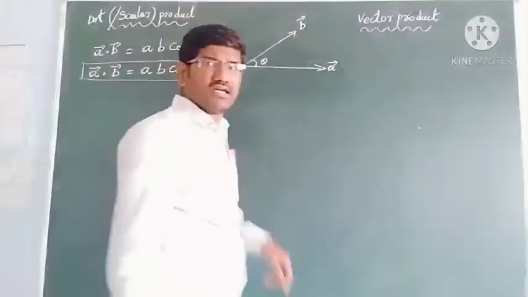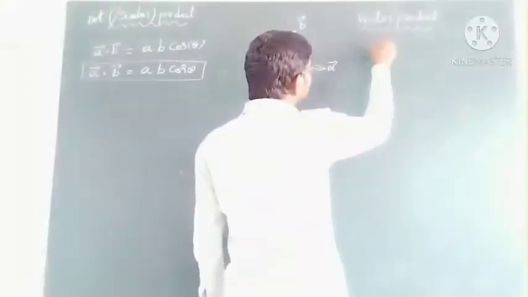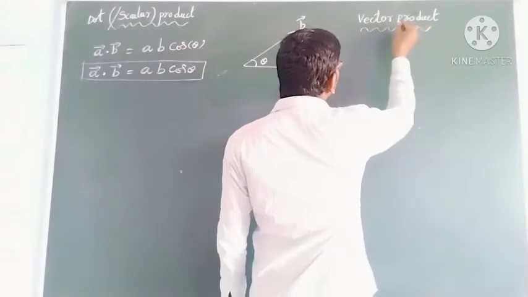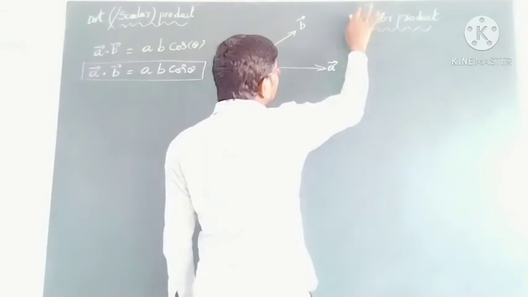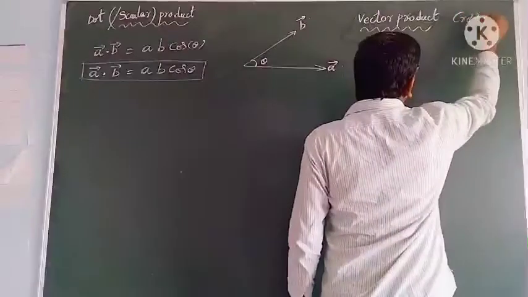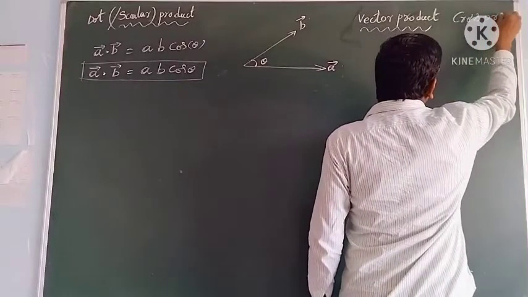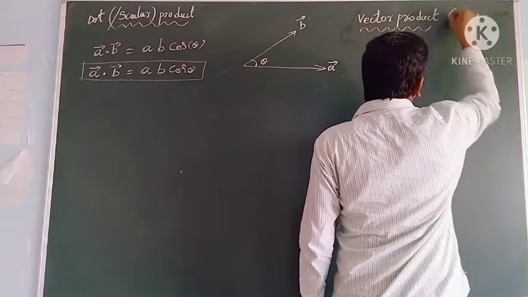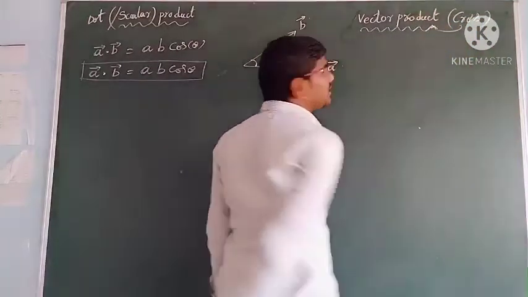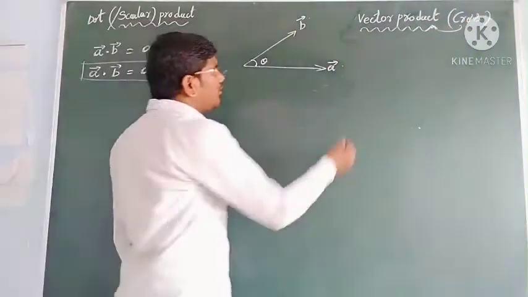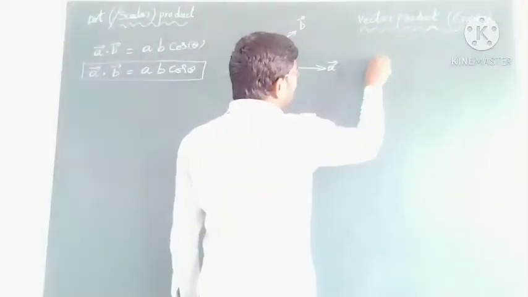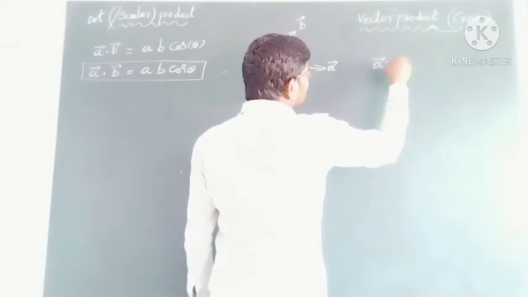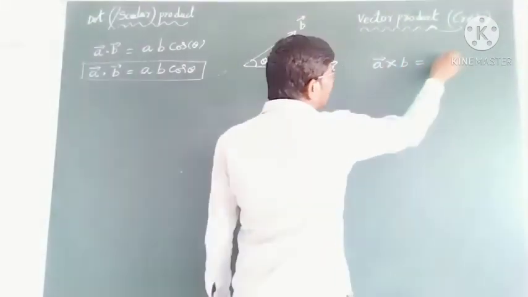For the same vectors, how is the cross product defined? It is called the vector product, or another name is cross product. Okay students, vector product or cross product you can call. Now what will you write? A bar cross B bar is equal to another vector.